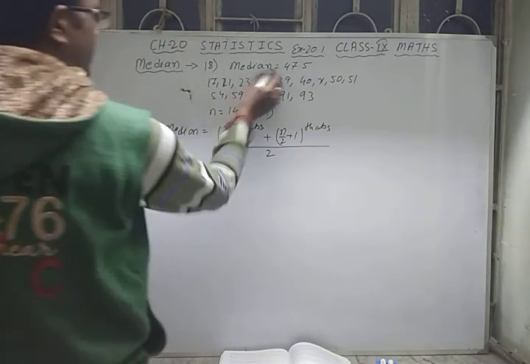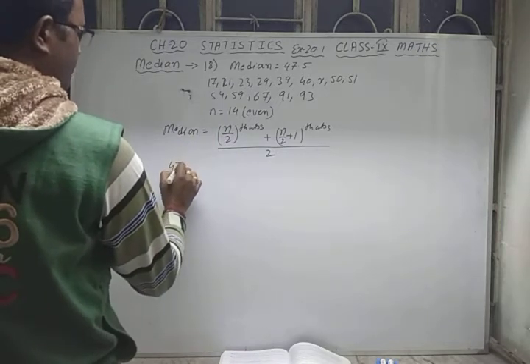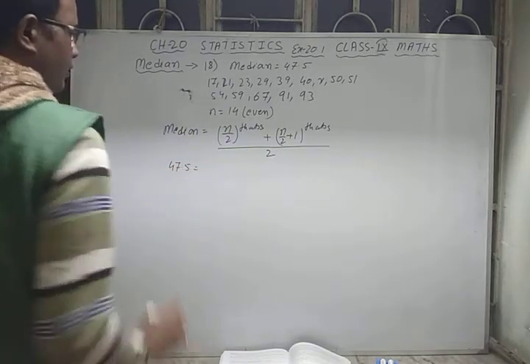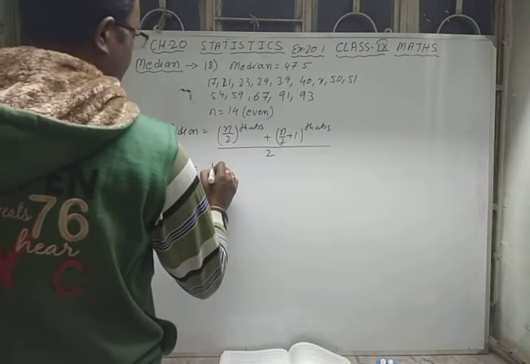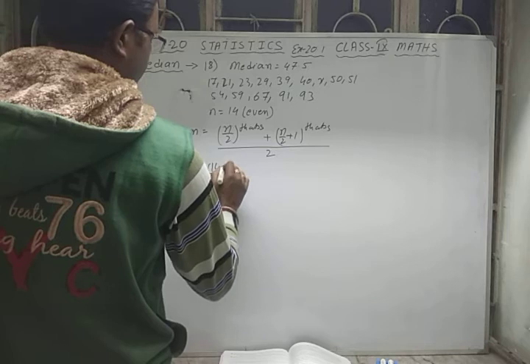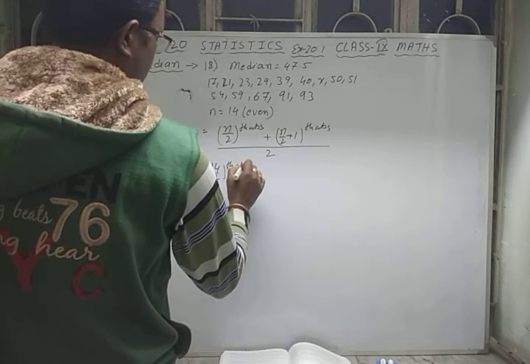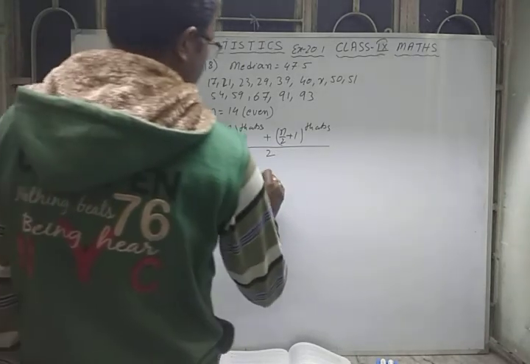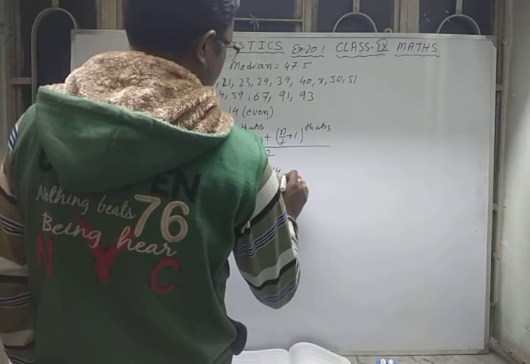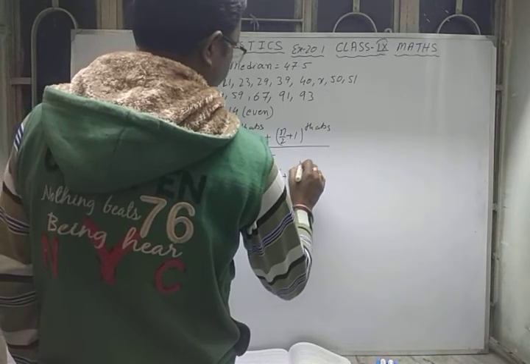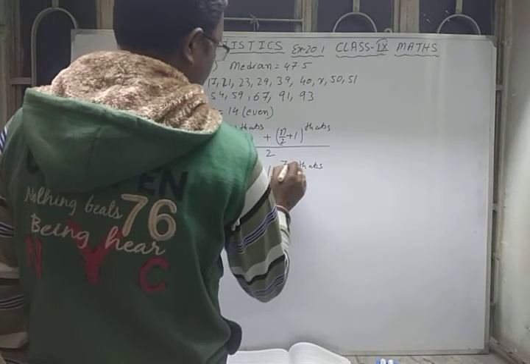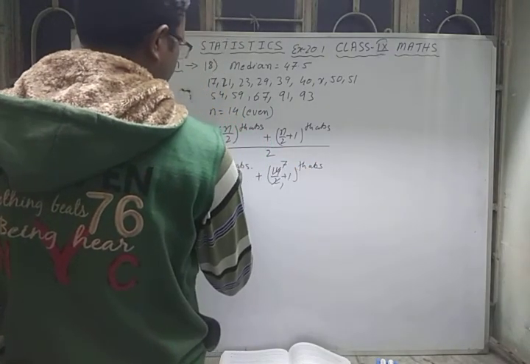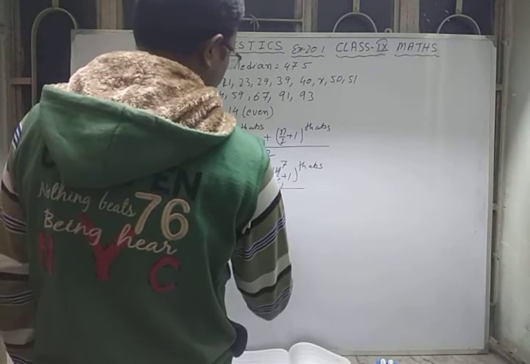The median is already given, so you write 47.5 in place of the median. Now the number of observations is 14, so you write 14 by 2th observation plus 14 by 2 plus 1th observation. 2 sevens are 14, whole divided by 2.